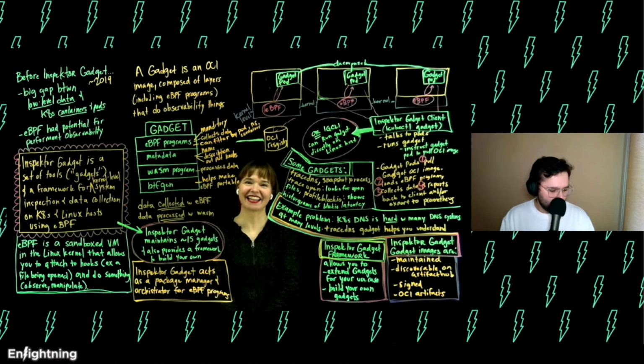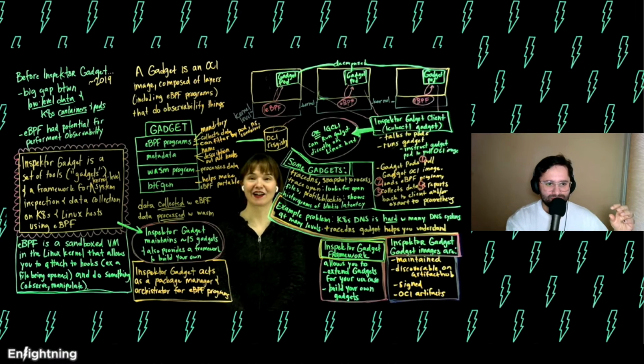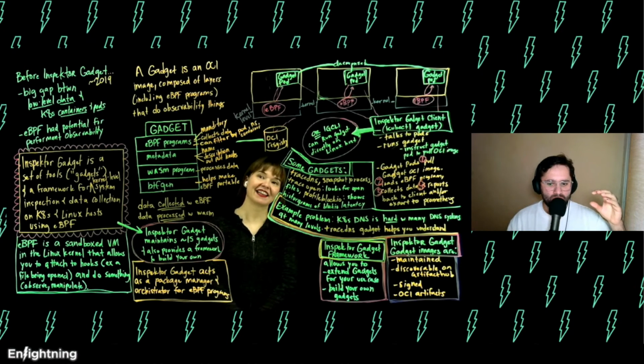We have these modular components called operators, and they do different things. For example, they take care of pulling the images. We have an operator called OCI that will take care of pulling the images from OCI, and it'll also take care of getting the eBPF programs out of those images and loading them into the kernel. Then you have an operator that actually talks to Kube APIs.